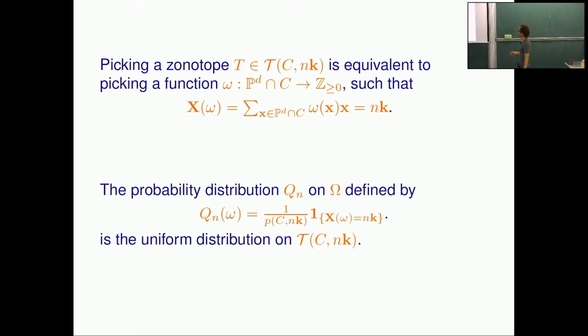So picking a zonotope with the correct endpoint is equivalent to picking a function such that when we sum over the domain, we get this point n times k.